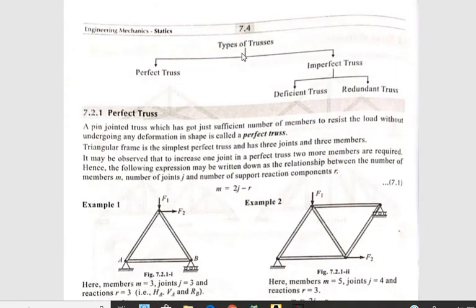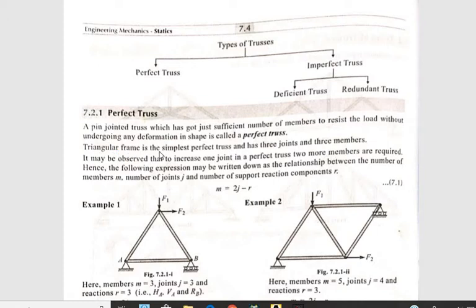Now coming to types of trusses. Basically, there are two types: perfect truss and imperfect truss, and imperfect is again classified as deficient truss and redundant truss. What do you mean by perfect truss? A pin jointed truss which has a sufficient number of members to resist the load without undergoing any deformation in shape is called a perfect truss.